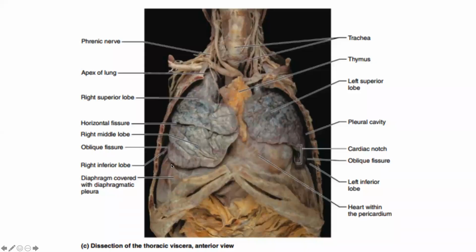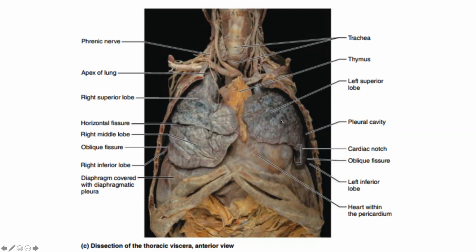Of course, finally, this is the last slide of the lecture, where I want you to remember the right lung has 3 lobes: superior lobe, middle lobe, and inferior lobe, which are divided by the horizontal fissure and oblique fissure.